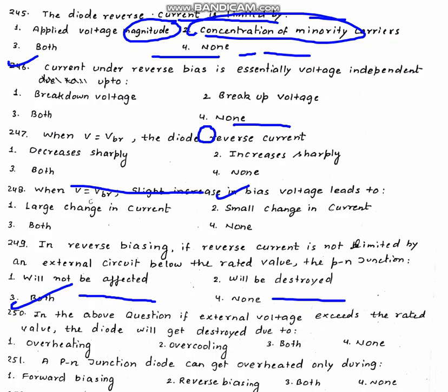Next is, current under reverse bias is essentially voltage independent up to, obviously, breakdown voltage. So this is the breakdown voltage.